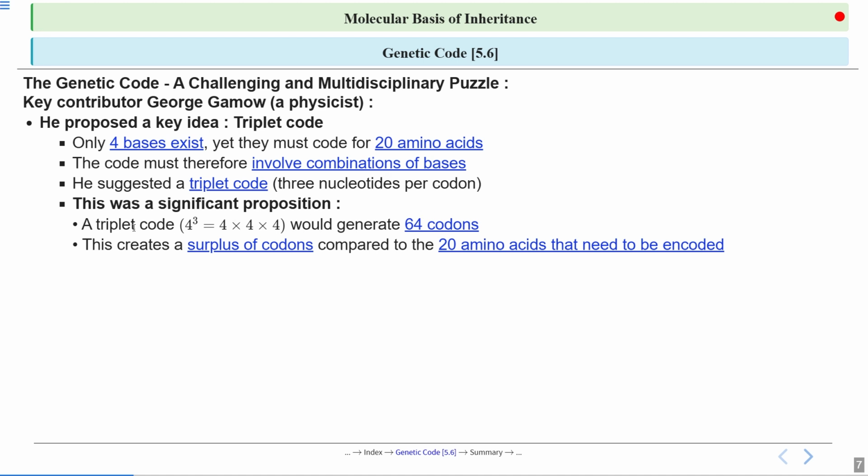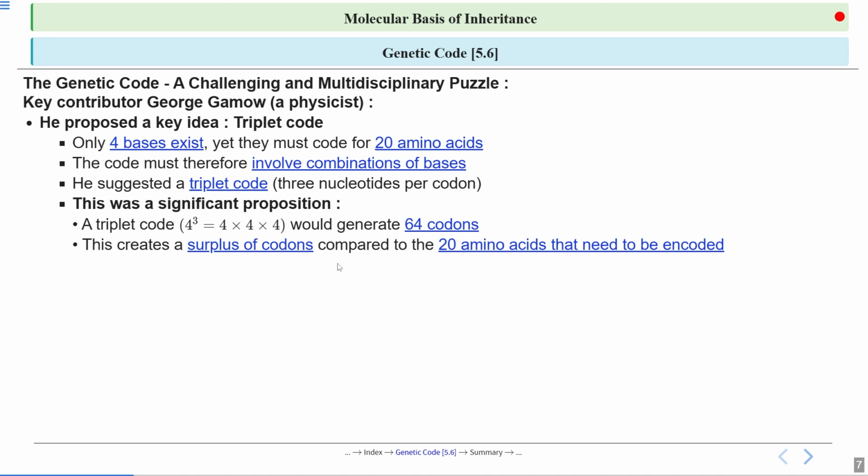But if you see a triplet code, it will be 4 raised to power 3, 4 into 4 into 4, that is what? 64 codons. Means 3 nucleotides per codon. I know it was very surplus, because we need 20 amino acids and there are 64 codons. But later we got to know, you will understand later.